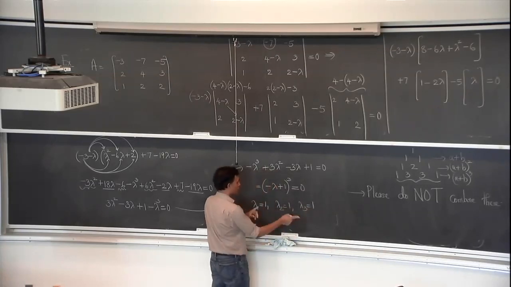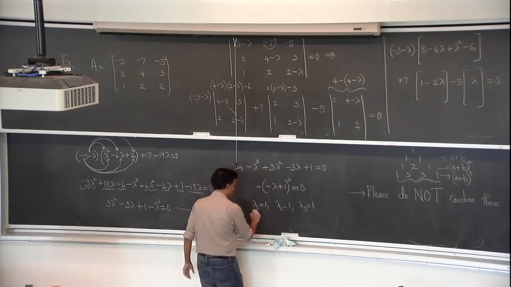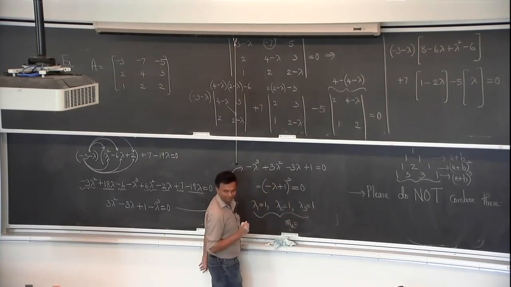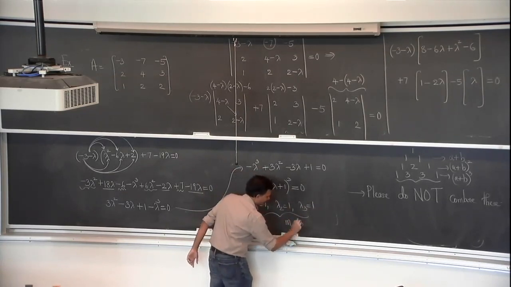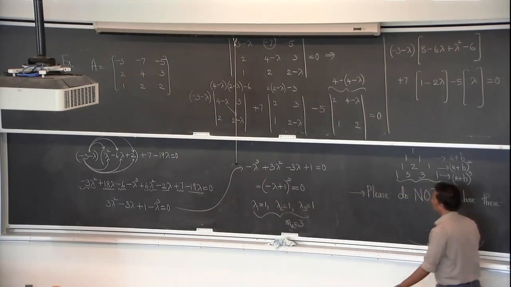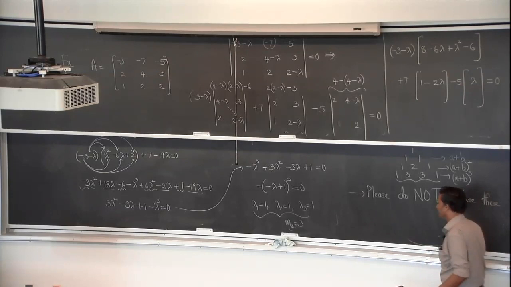I don't care which one you call that one. What is the algebraic multiplicity of this? 3, because it's repeated 3 times. That's the extreme case for a 3 by 3 matrix. Maybe all 3 of the eigenvalues are different, 2 of them are the same, or all 3 are the same.